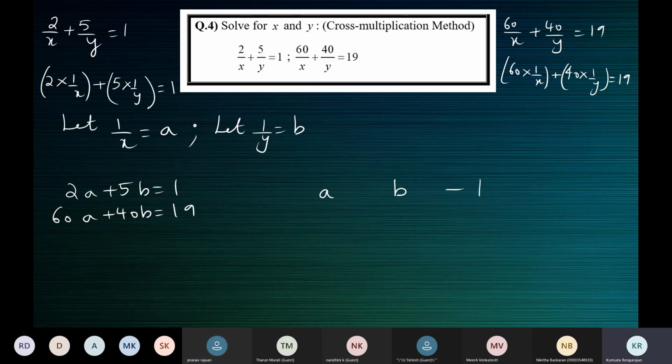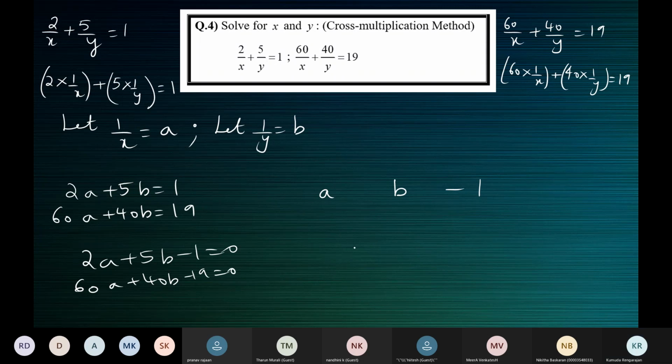No, when the constants are on the other side, you should use minus 1. Supposing you have the equations like this, 2a plus 5b minus 1 is equal to 0, 60a plus 40b minus 19 is equal to 0, then you should take the heading as 1.